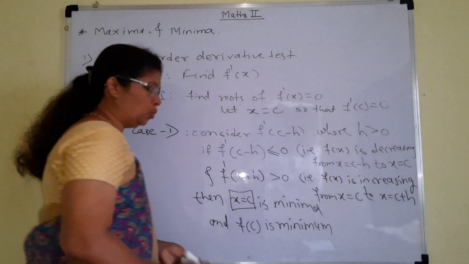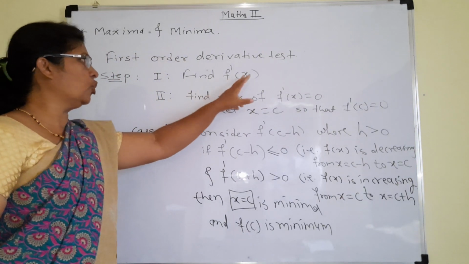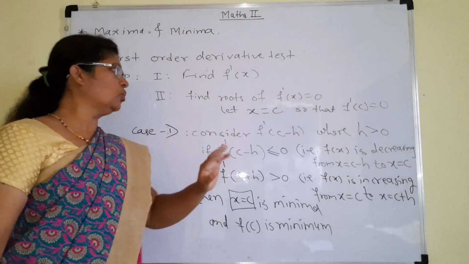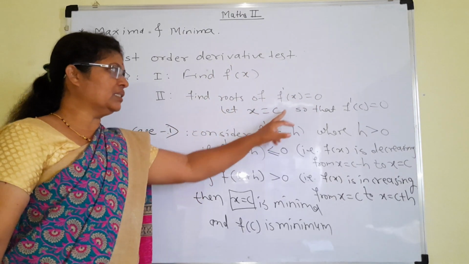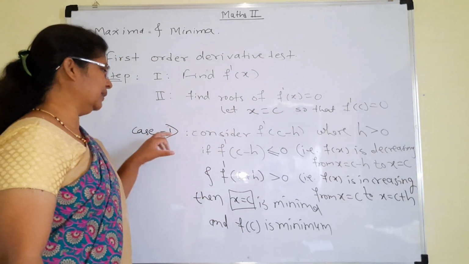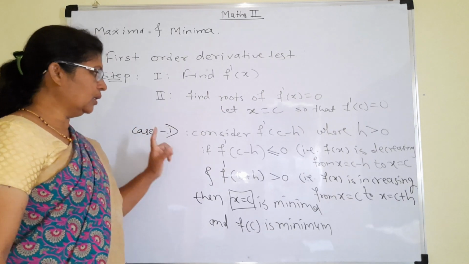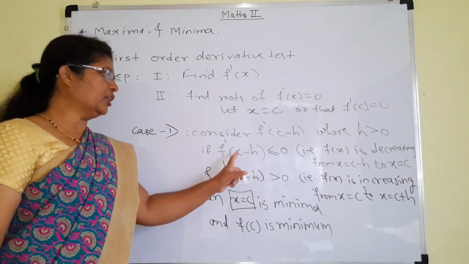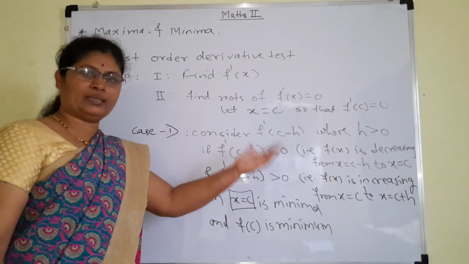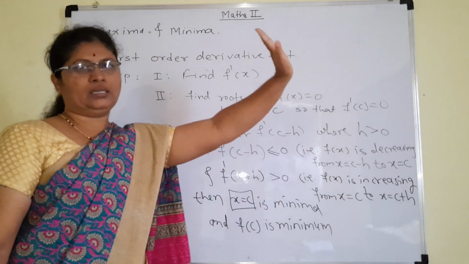So what we have to do for the first order derivative test? First of all, find f dash of x. Find the roots of the equation f dash of x equal to 0. You will get x equal to c, so that f dash of c is equal to 0. After that we will consider the cases. The first one: if f dash of c minus h is less than 0 and f dash of c plus h is greater than 0, the function is first decreasing, then increasing.